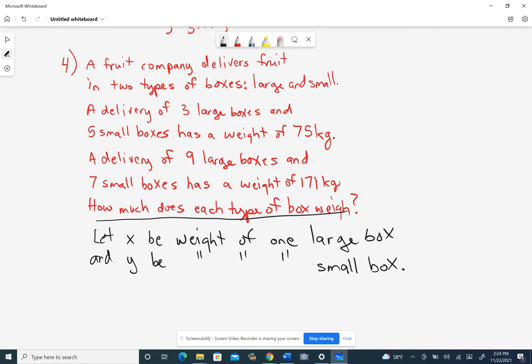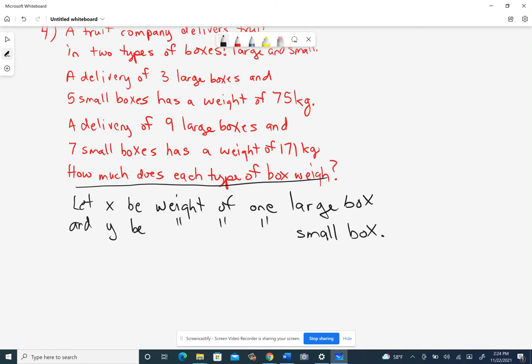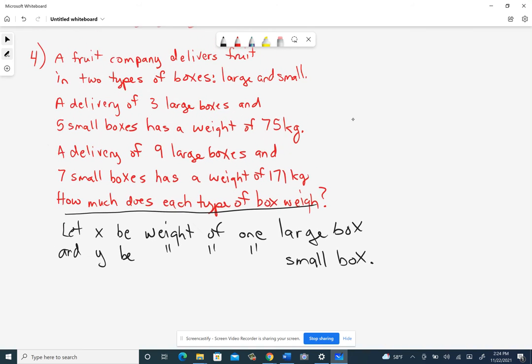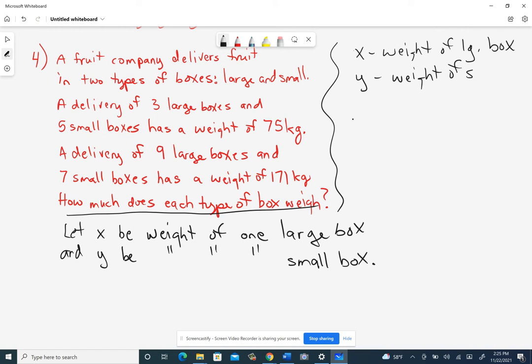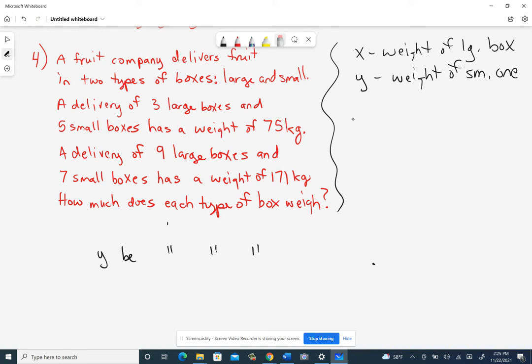All right, in fact, it might make sense for you to see it kind of over to the right here. So X is the weight of a large box, and Y is the weight of the small one. Okay, so let me just do it over to the right, and then we'll do the solving below.